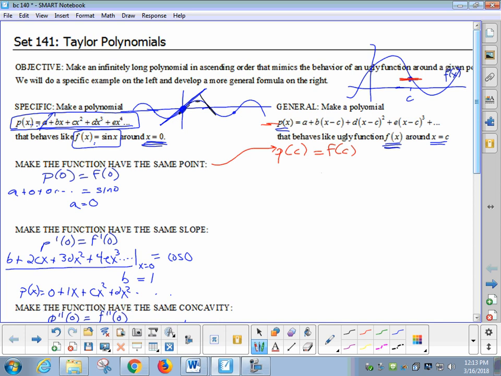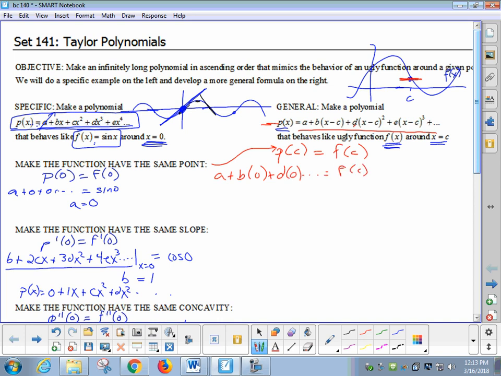Now, p at c, the right side was fine. P at c, look up at p here. If you put in a c for x, you would get a plus b times 0 plus, oh, I skipped over c, sorry. I didn't want to use c again, so you can see that that's really a d times 0 and so on, right?